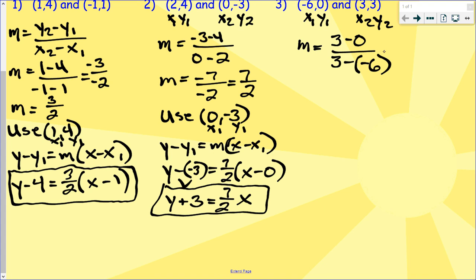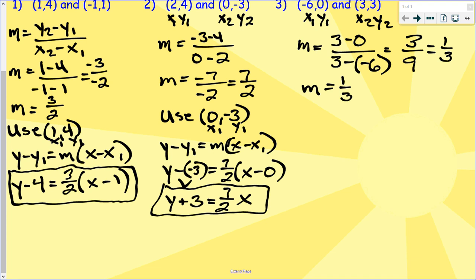So m equals 3 over 9. All right, and then 3/9 we can simplify to 1/3. So m equals 1/3.